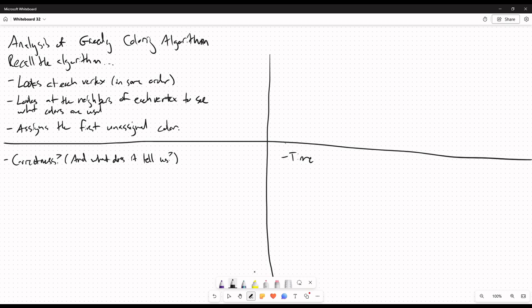First of all, does it give us a proper coloring? Yes, because we never assign a vertex a color that is the same as one of its neighbors.